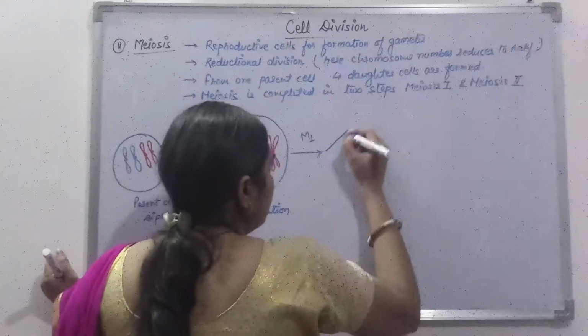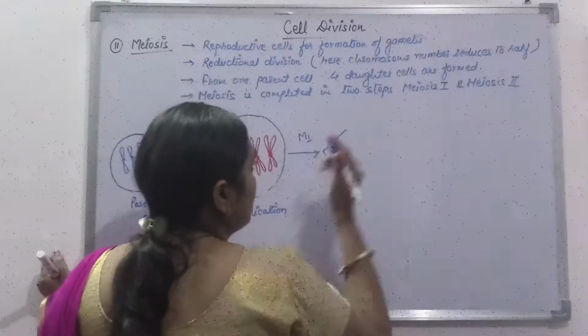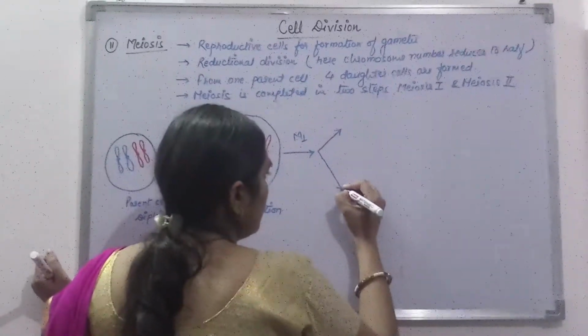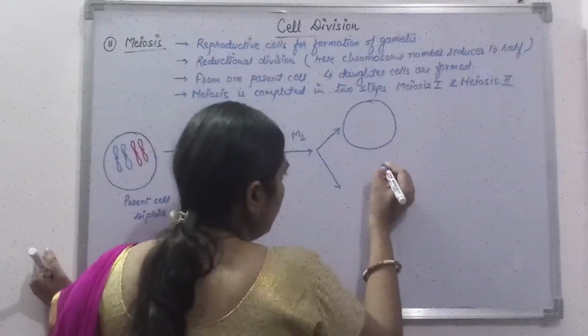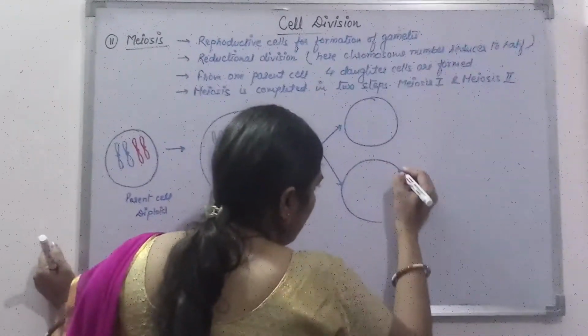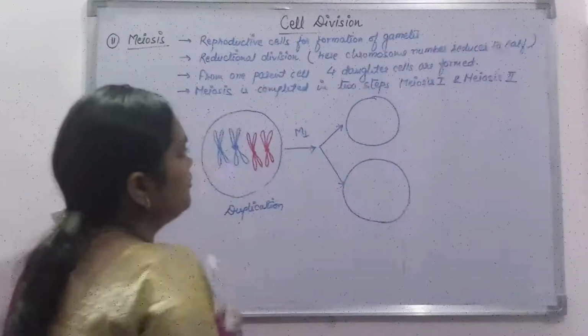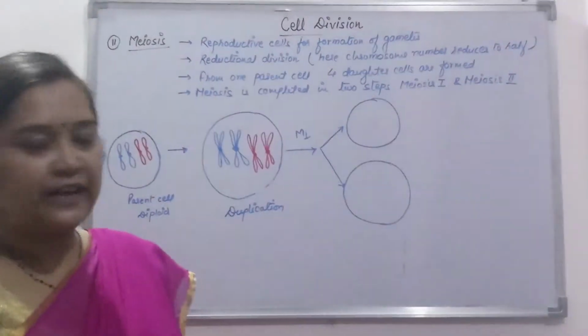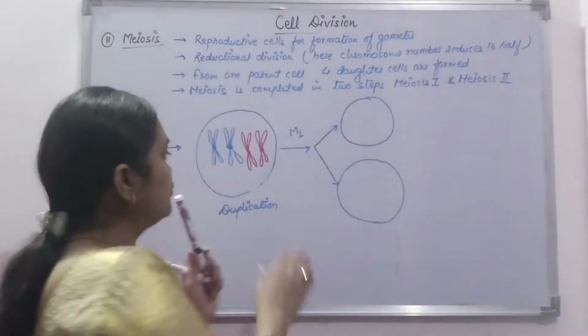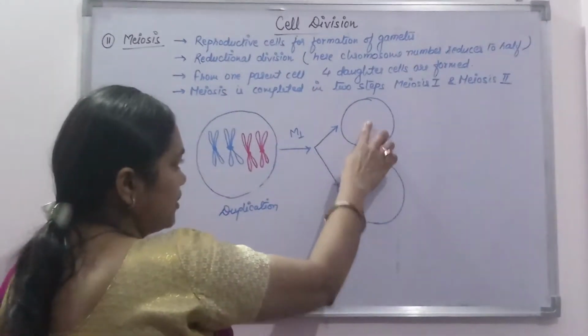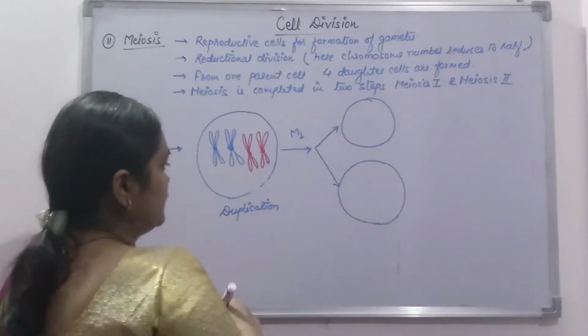After M1, two daughter cells will be formed, isn't it? And what I told you, meiosis 1 is the reduction division. That means half the chromosomes will move to this daughter cell and half will move to this daughter cell.